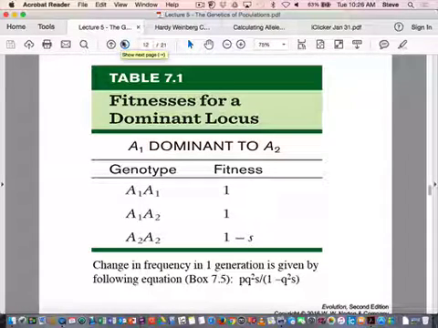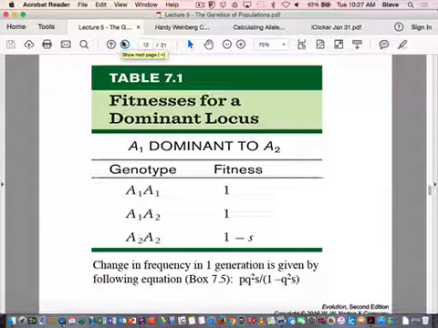And do you guys remember what fitness is? Yeah, it's the reproductive success in general. It's the contribution of offspring to future generations of each genotype relative to the other, right? So that's the best way to do it. A lot of times what we do is we look at survivorship of these different genotypes or phenotypes, kind of like the mouse example.